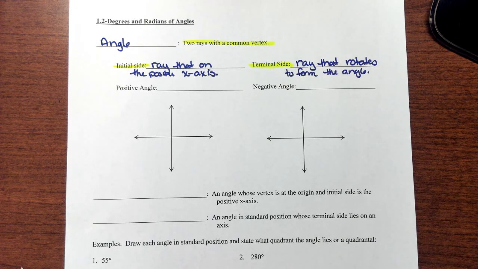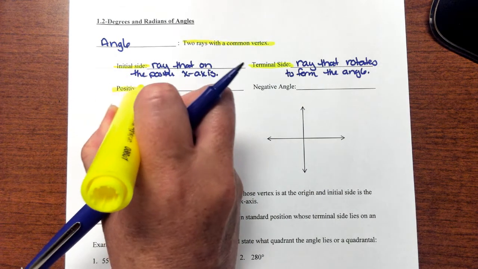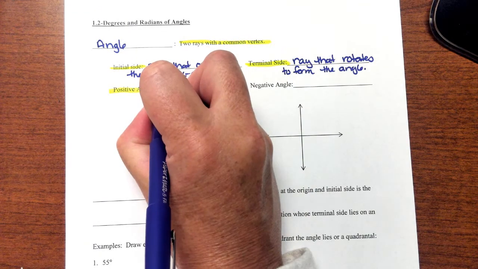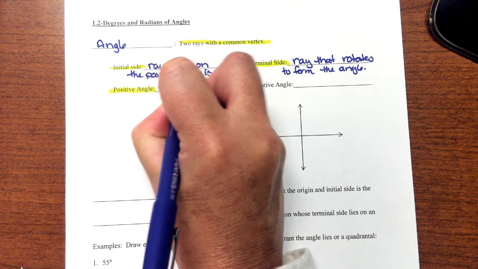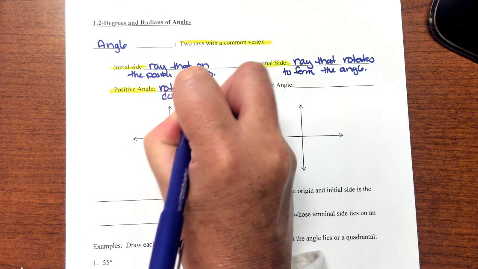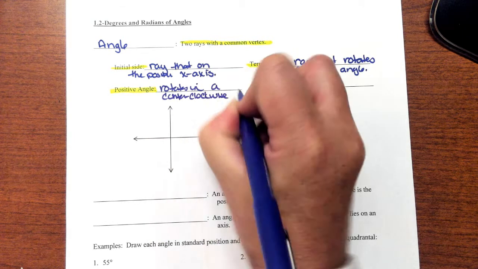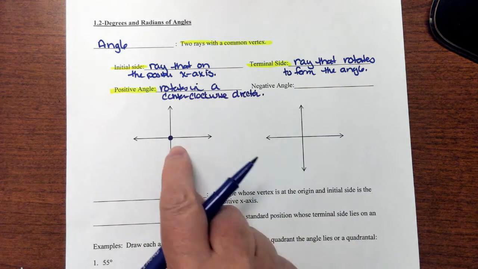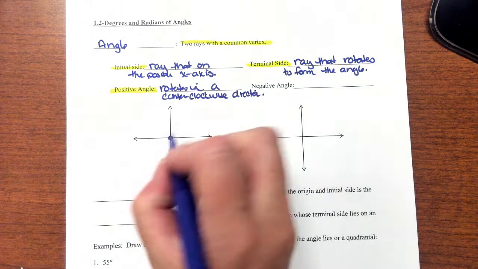We can look at not only angles having a positive angle measurement, but also a negative angle measurement. For an angle to be a positive angle measurement, the terminal side rotates in a counterclockwise direction. Again, the vertex of the angle is always at the origin.